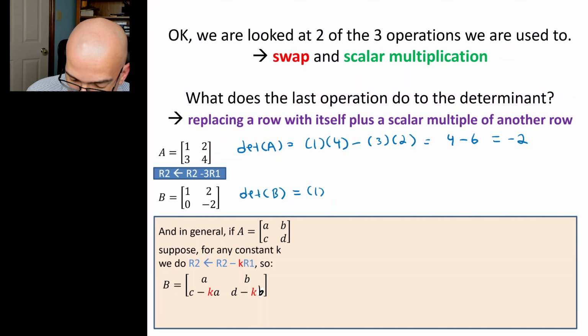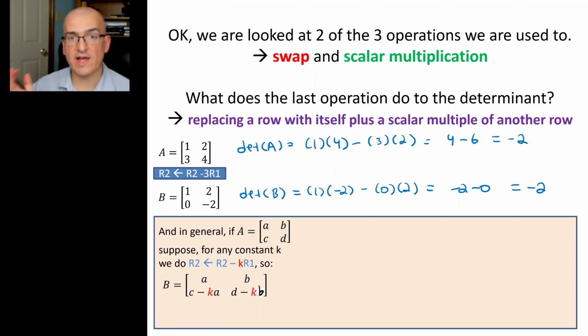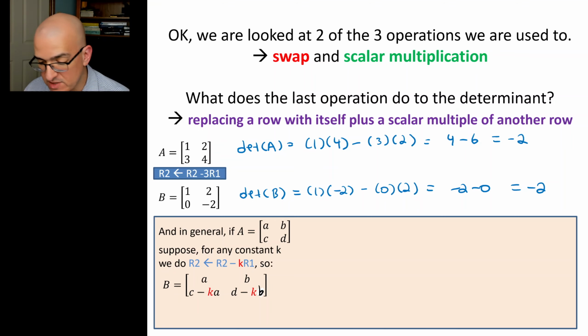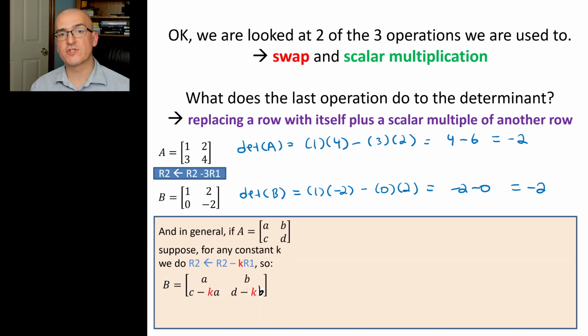Down product, 1 times negative 2, minus up product, 0 times 2. Get negative 2 minus 0, which is the same. So it looks like, based on one experiment, that this is a free or zero cost move, that we can replace a row by itself plus or minus a multiple of another row, and there is no change to the determinant. We don't even need to keep track of it, other than to make sure we don't screw up the matrix.